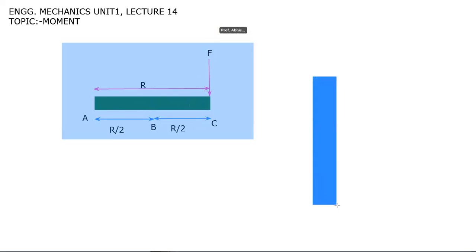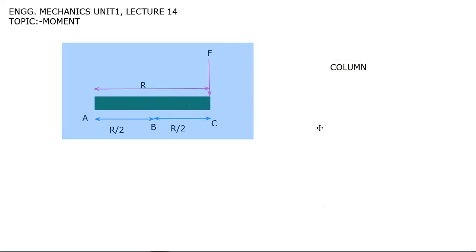If it is in a vertical position like this, then we call it a column. So this is the difference between beam and column. If it is vertical, we call it a column. If it is horizontal, we call it a beam.